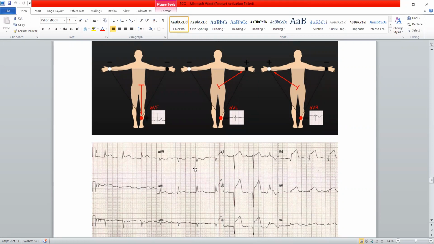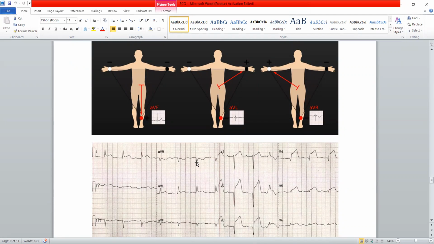Now, can you see in lead AVR? In lead AVR, QRS complex is negative, T waves are negative.